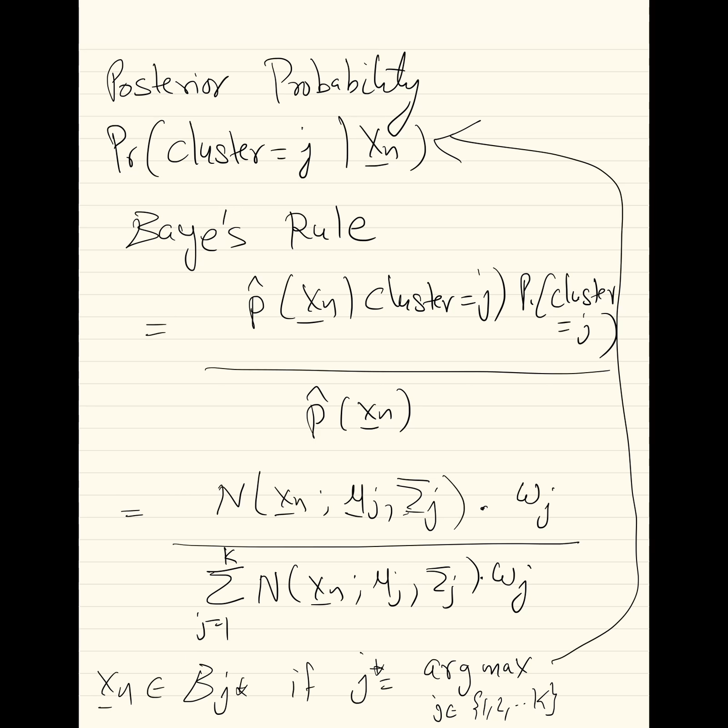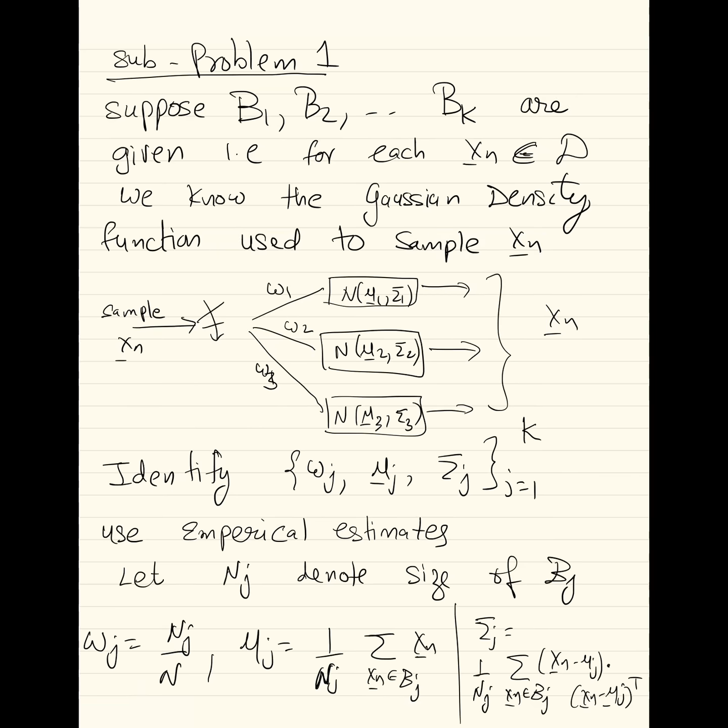So we have two sub-problems. One is that if we know which points belong to each cluster, which points were sampled from the first Gaussian, which from the second Gaussian, and so on, we can find the model parameters easily. That was problem 1, and this was the formula to do that.